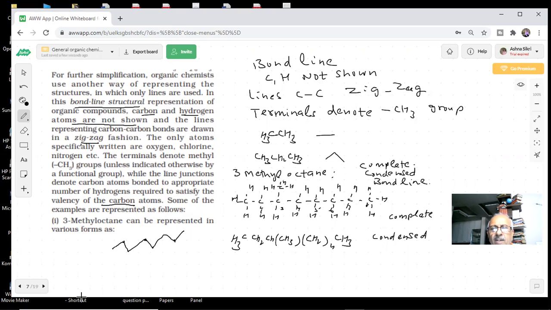Did I do the 8 carbons? Then 1, 2 and 3. Tell me, have I written right or wrong?